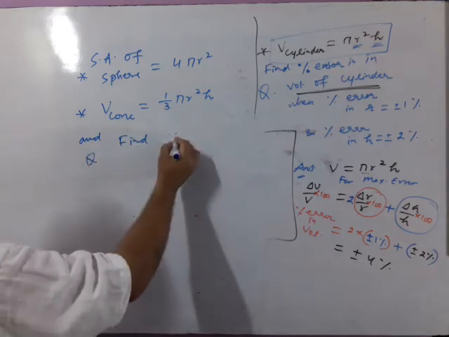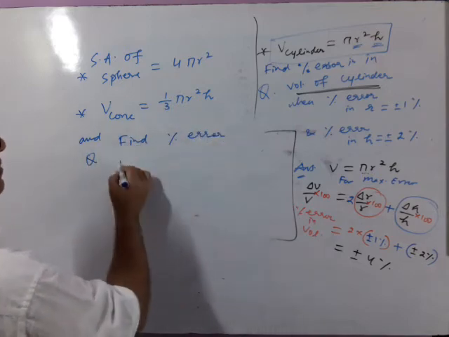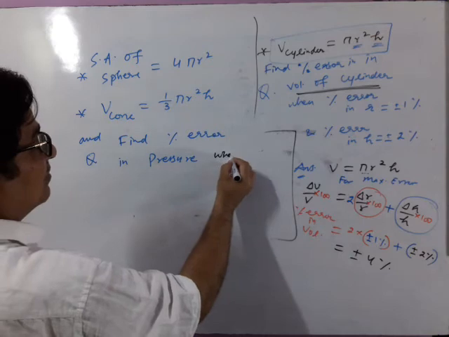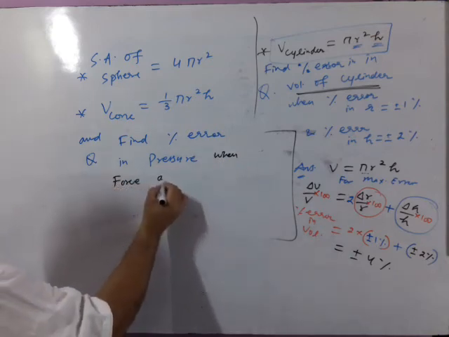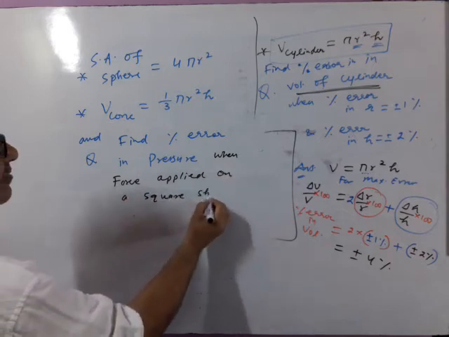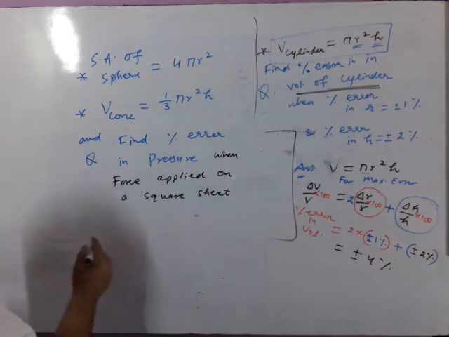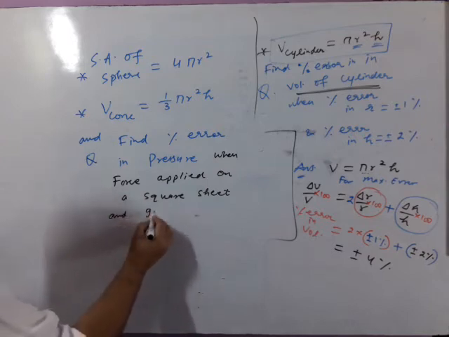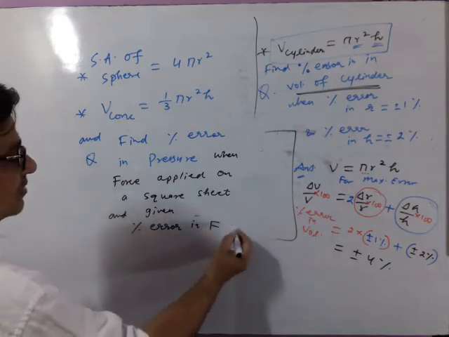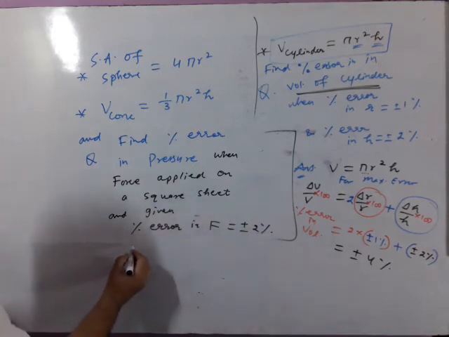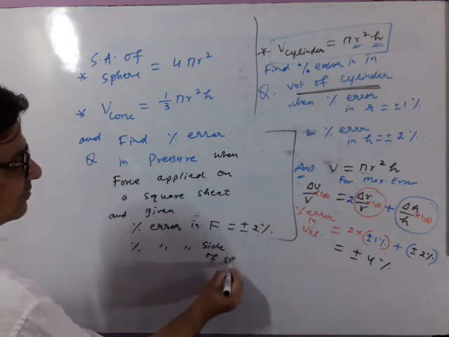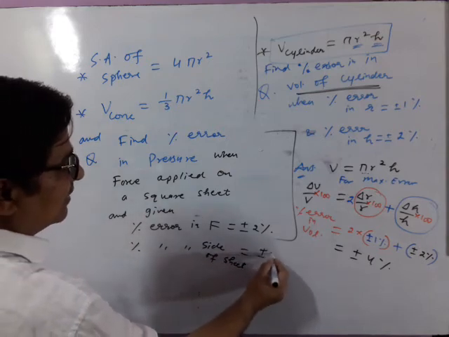Find percentage error in pressure when force is applied on a square sheet, and you are given percentage error in force is plus minus 2%, percentage error in side of sheet is 1%.